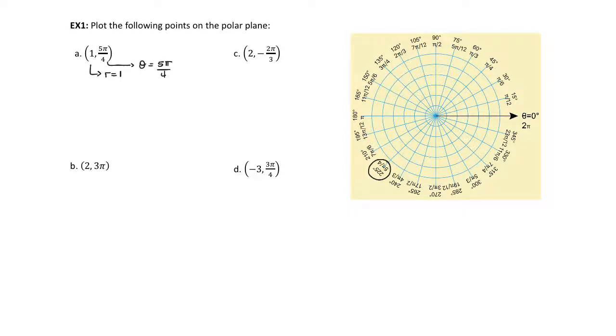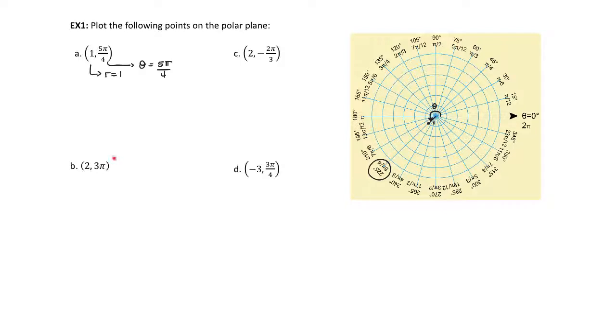That means that my point is going to lie at the intersection of this circle and that ray that corresponds to 5 pi over 4. Here is my point. So let me put over here, this is theta. And then from the pole down, this is going to be 1.